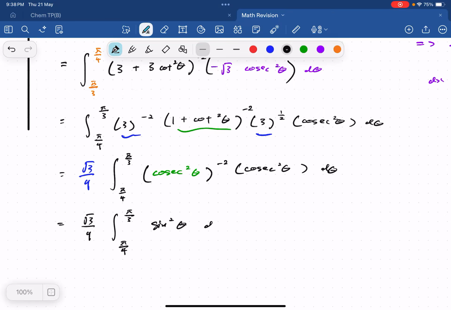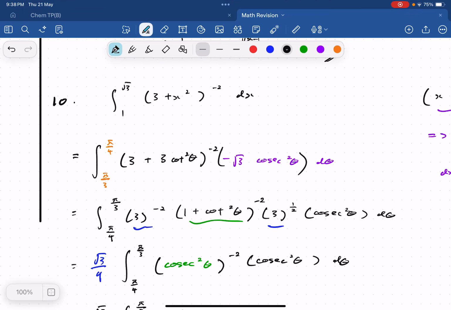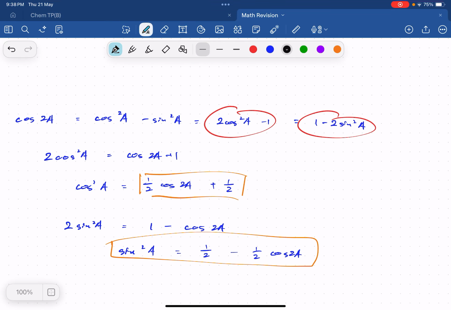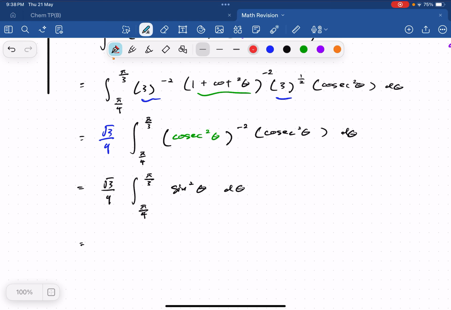I take the reciprocal of cosecant squared, I get sine squared. And so, by the double angle formula, once again, I have this result which I've already shown you how to use. Now I'm going to show you how to use this result to integrate sine squared. So you see how all the results I've pointed out earlier can now be used. So this will end up being 1 minus cos 2 theta over 2 d theta.